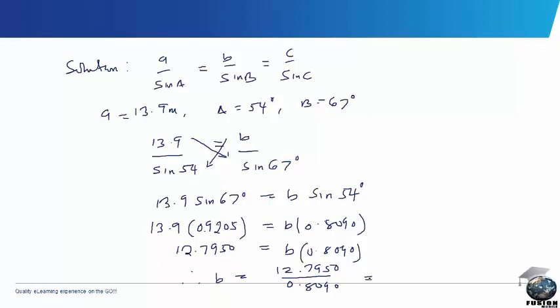When we carry out that division, we have 15.8157, which is approximately 15.82. Therefore side b is equal to 15.82.